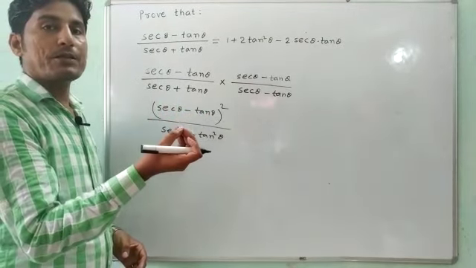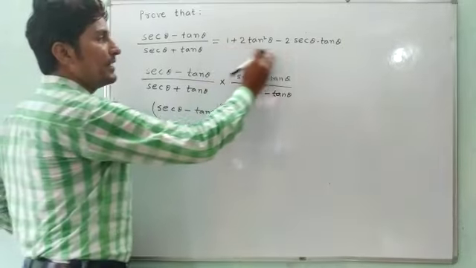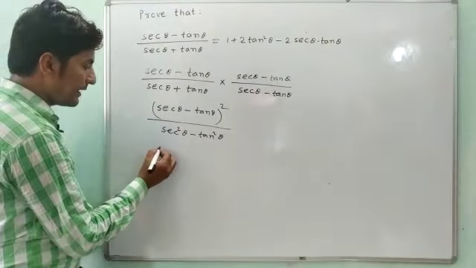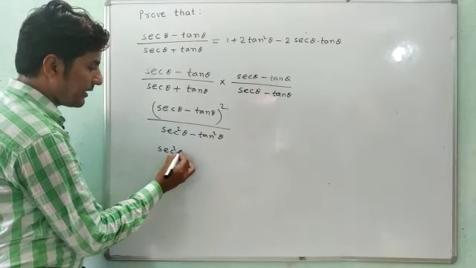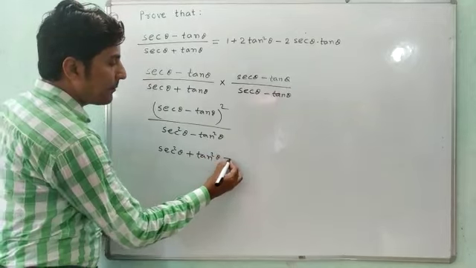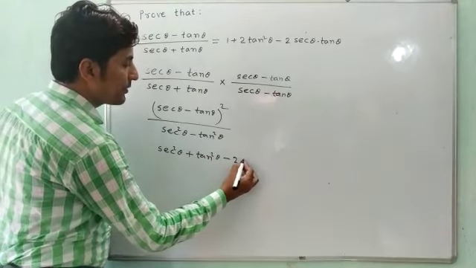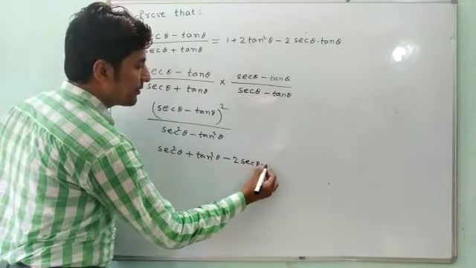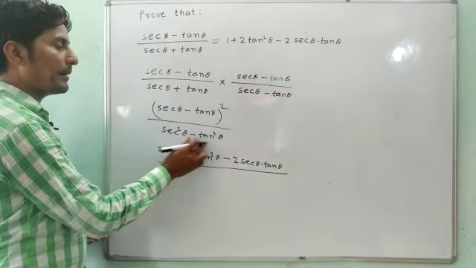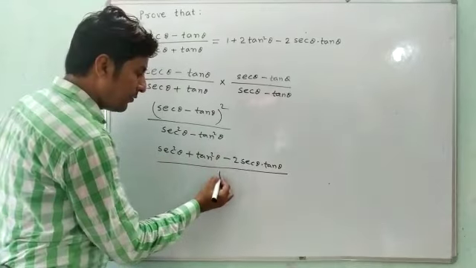A square plus b square minus 2ab. So this can be written as a square means sec square theta plus b square means tan square theta minus 2ab means 2 sec theta into tan theta. Whole is divided by sec square theta minus tan square theta, which is equals to 1.